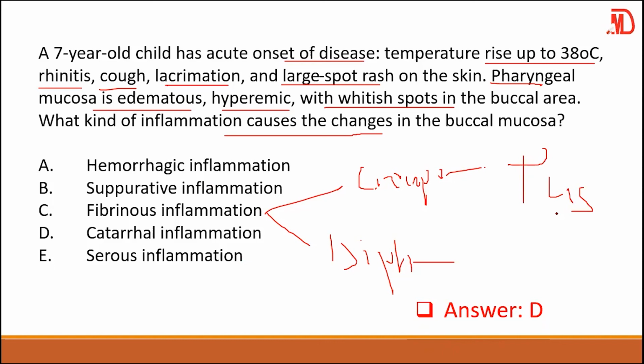That's what gives us suppurative. Then hemorrhagic: the name tells you there will be blood. With a serous type of inflammation, the exudate is clear. All right. So here the answer is D, catarrh.